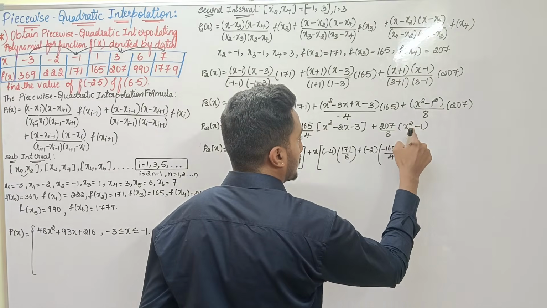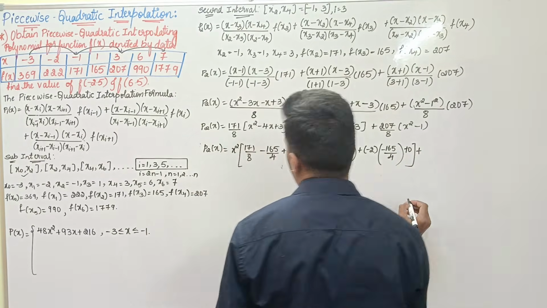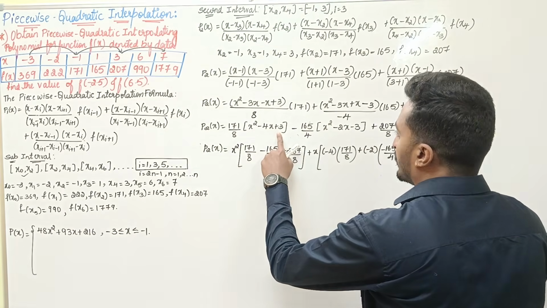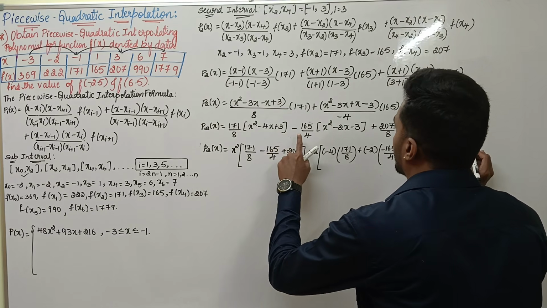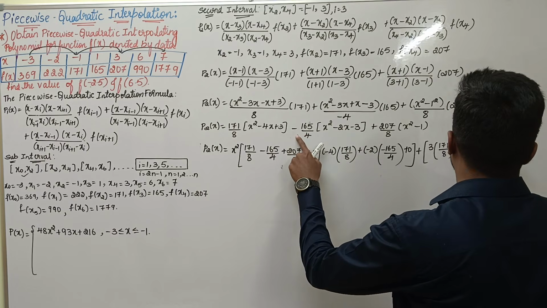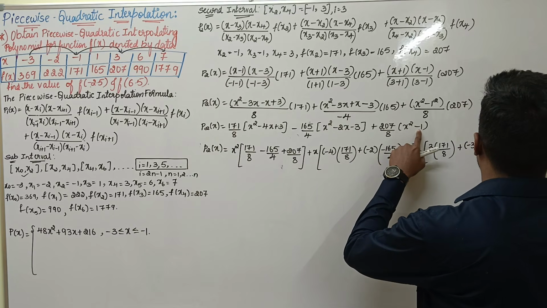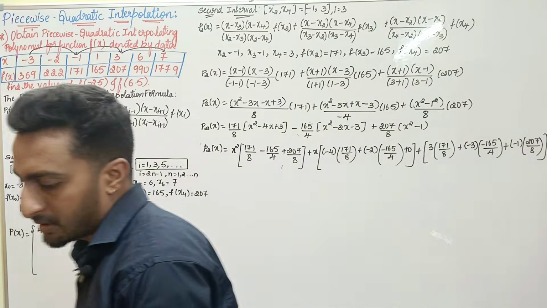The last, since I don't have x term, this term becomes 0, plus the last constant, that is 3 into 171 divided by 8 plus minus 3 into minus 165 divided by 4 plus minus 1 into 207 divided by 8.